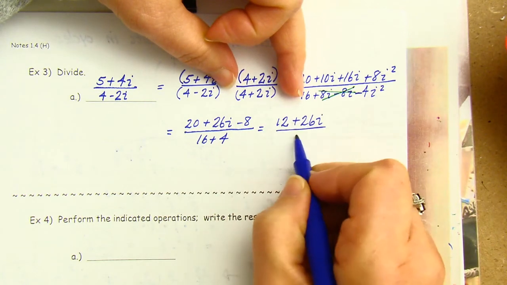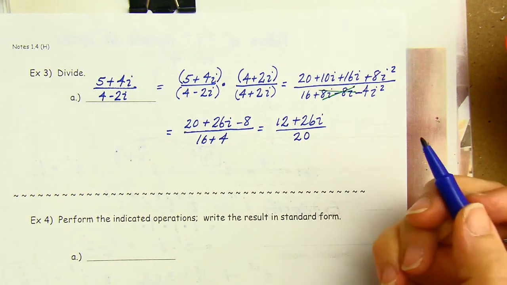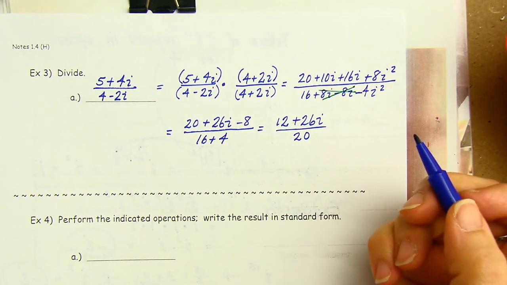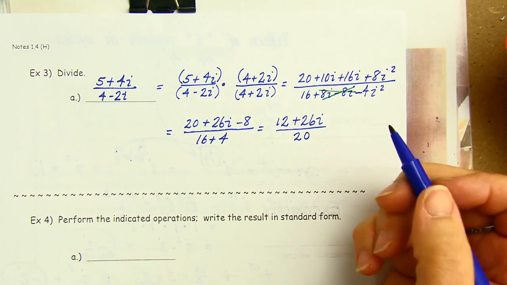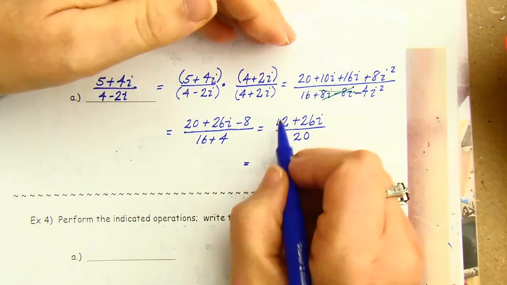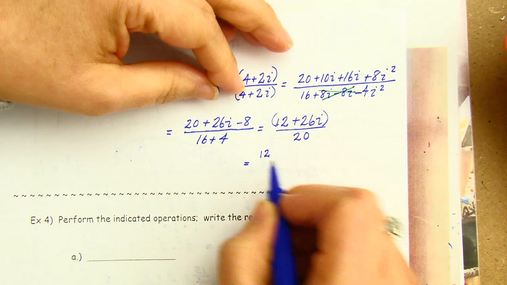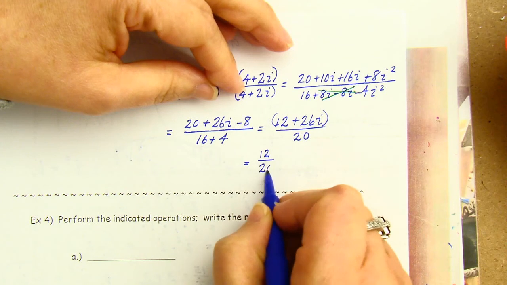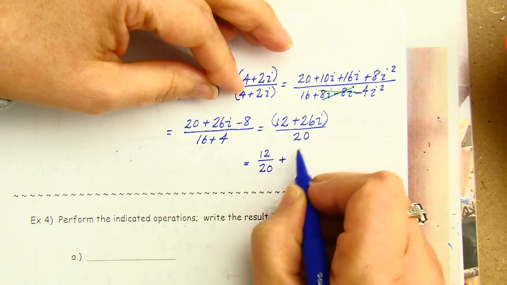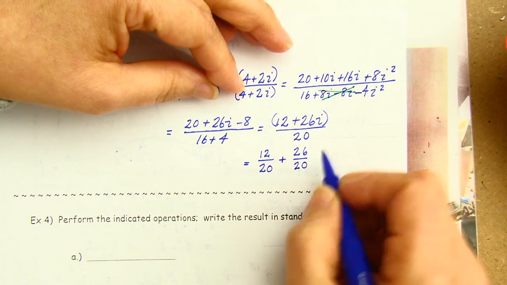Over 20. Now we have to be careful here because this isn't quite in a plus bi form, and your book is going to want you to do that. So this quantity divided by 20 really means 12 divided by 20 plus 26 divided by 20 times i.